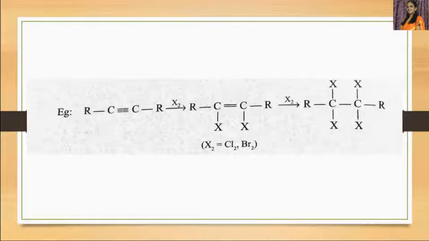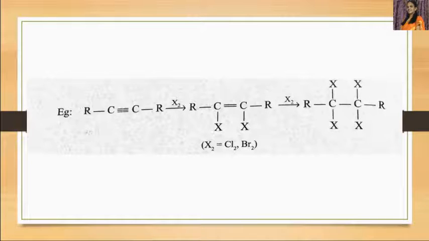Here, let us discuss the addition of X2, that is, halogen, on alkyne C≡C. When X2 is added over C≡C, one X goes to this carbon, another X goes to this carbon, and two new sigma bonds are formed with the two acetylenic carbons.